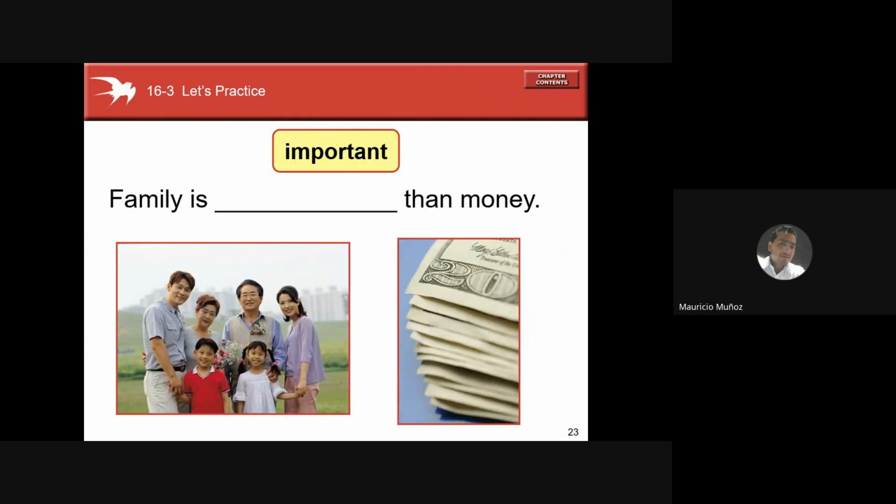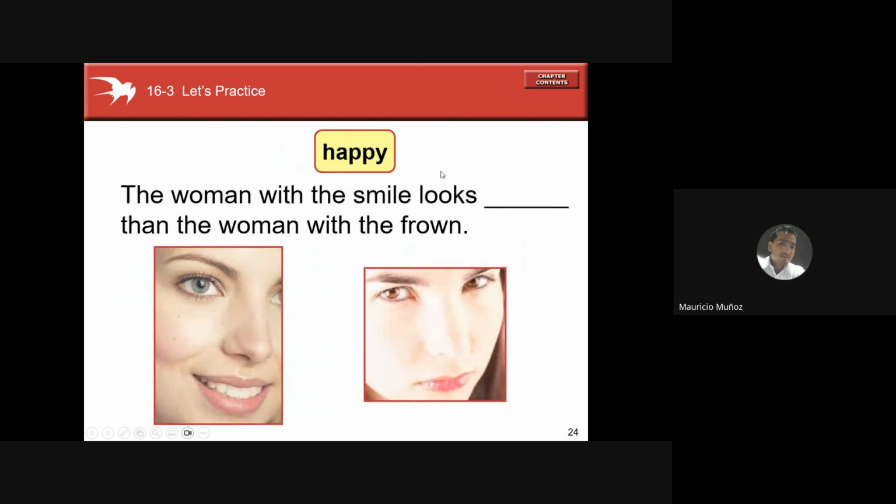Now we have a picture of a family and another picture that is showing money. And the adjective is important. The sentence says, family is than money. So we're going to compare family versus money. Yes, that's correct. Family is more important than money. Excellent. Good job. Okay, so in this exercise, we have two women.